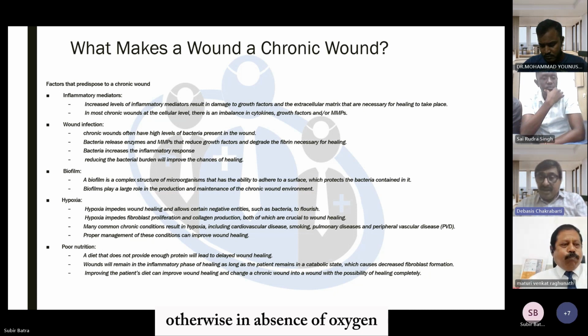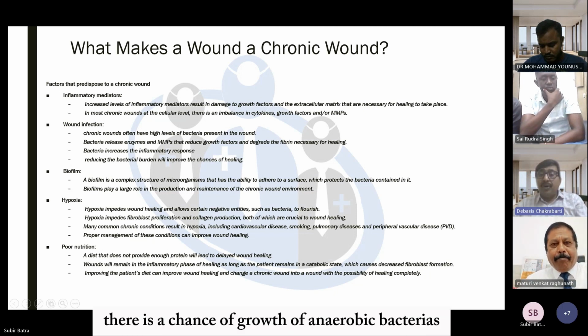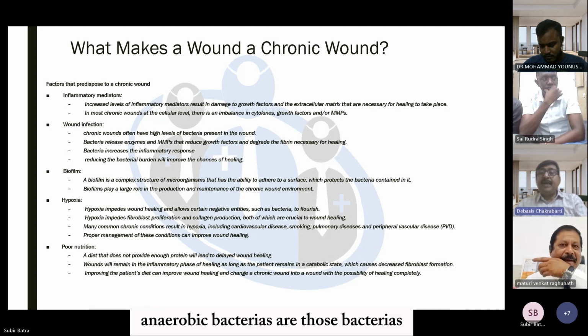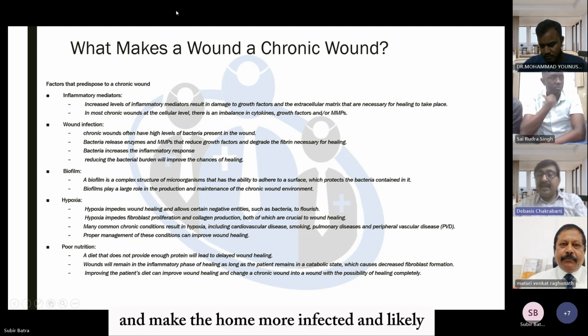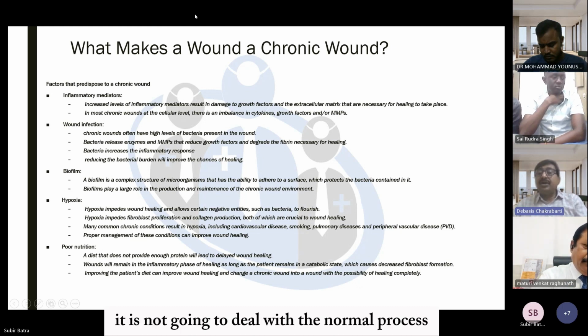Otherwise, in the absence of oxygen, there is a chance of growth of anaerobic bacteria. Anaerobic bacteria are those bacteria which grow in the absence of oxygen and make the wound more infected, and it is not going to heal with the normal process.